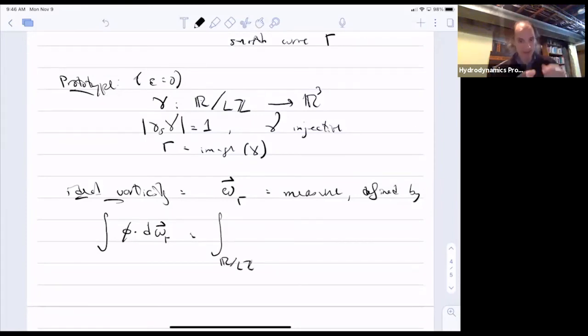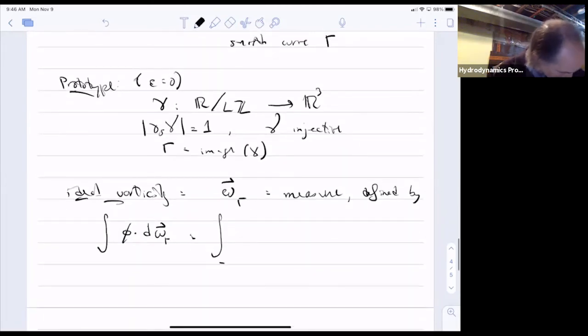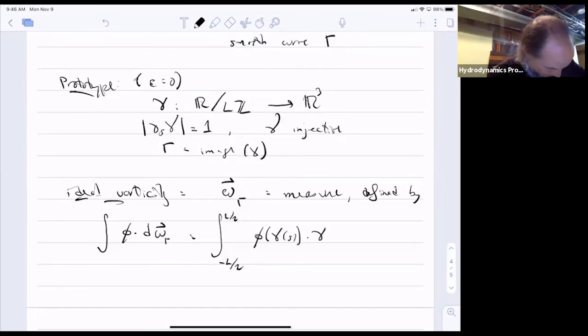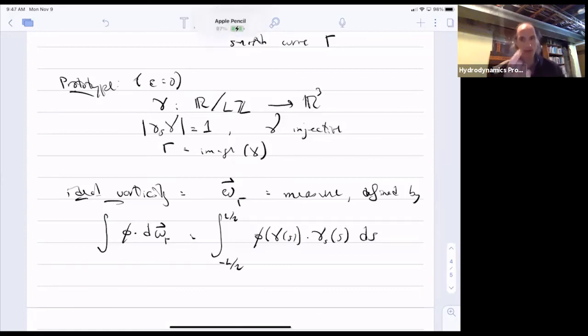Again, R mod LZ means I'm considering periodic functions with period L on the real line, and integrating over R mod L is the same as integrating from 0 to L if I like, or from minus L over 2 to L over 2, over any interval of length L. Then we look at phi of gamma of s, dot product with the derivative gamma prime, ds.